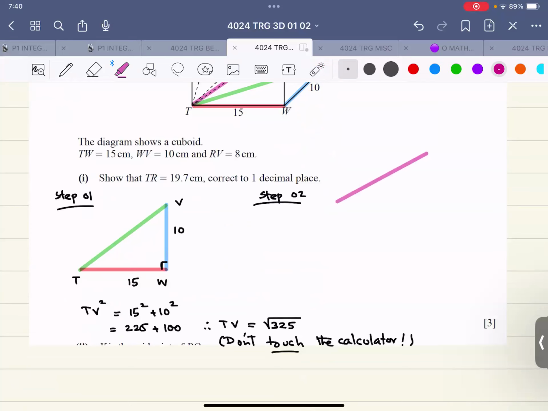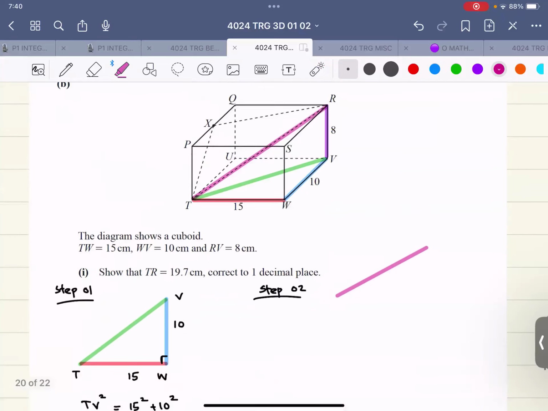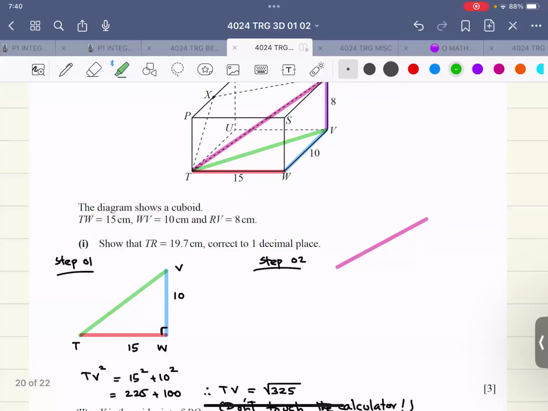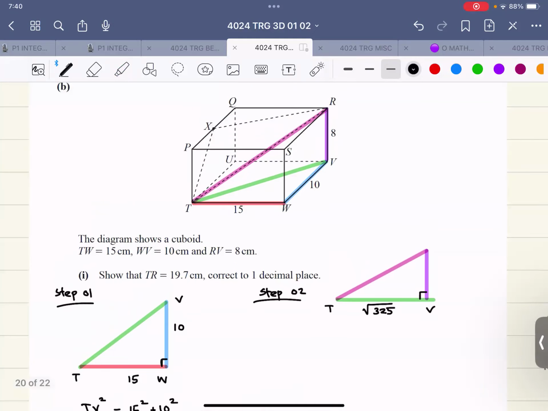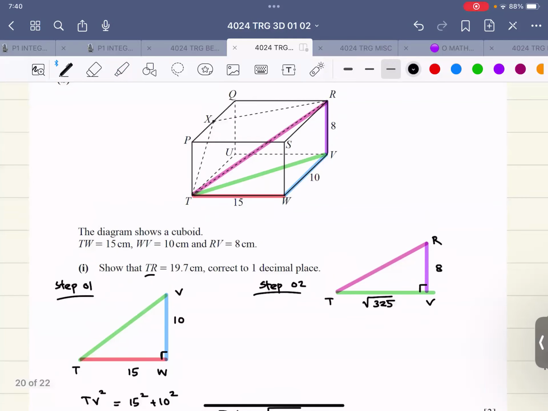So this is like this. And then this green line is the base, and the purple one, that is the height. Now, first of all, let me label it. This is T, this is V, and this is square root of 325. This is 90 again, and this is V and R, and this is 8, and we are interested in TR.